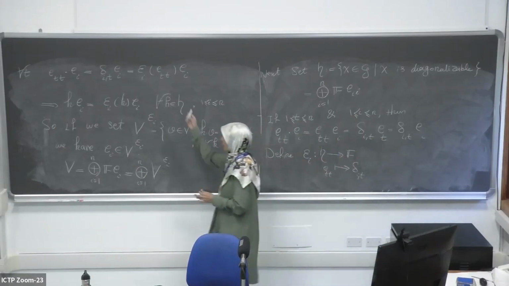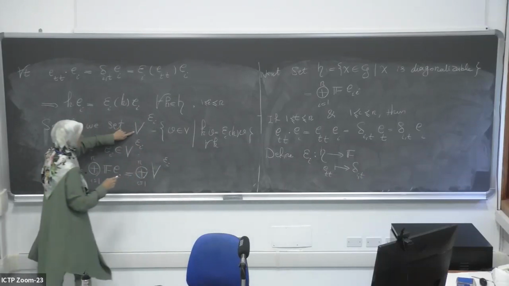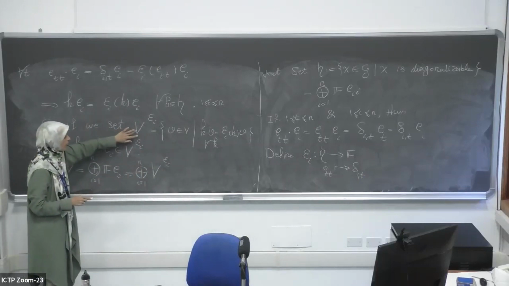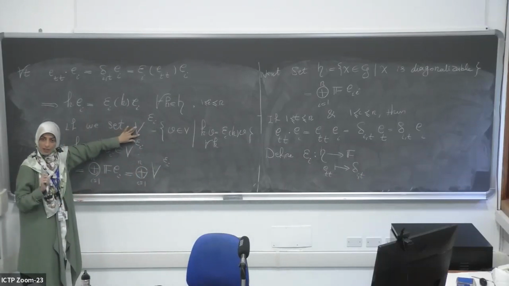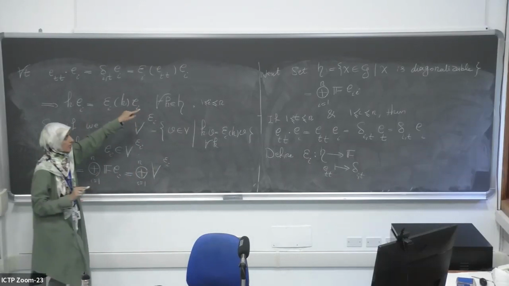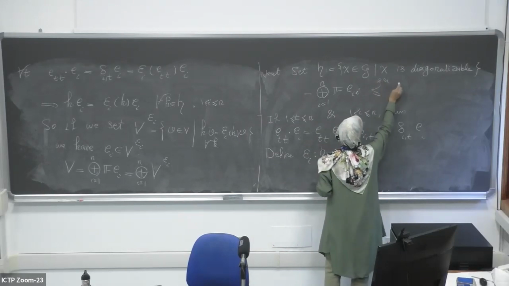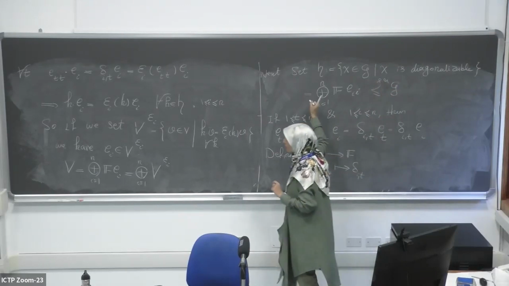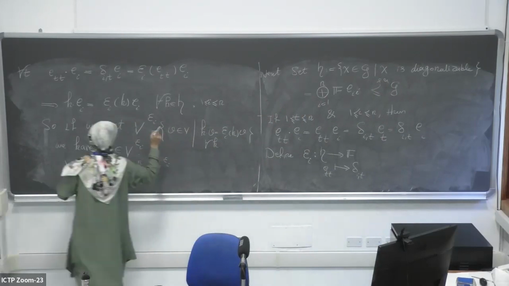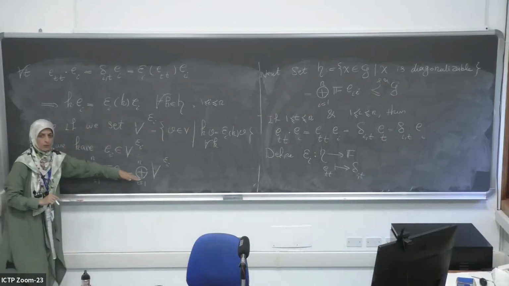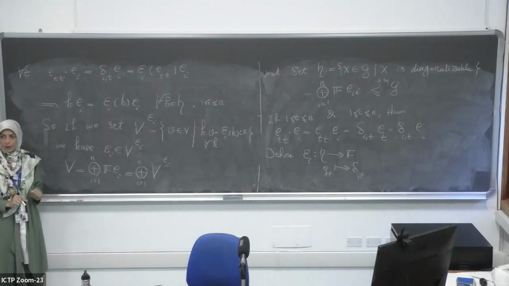We have a G module, and then we look at this G module as an H module, because H is a subalgebra of G, and with respect to this H module, we have a decomposition for V. Okay?